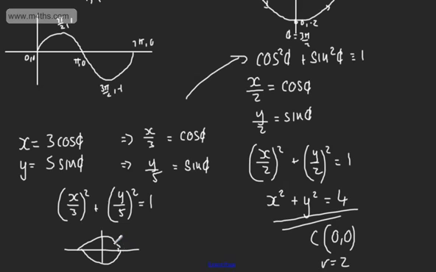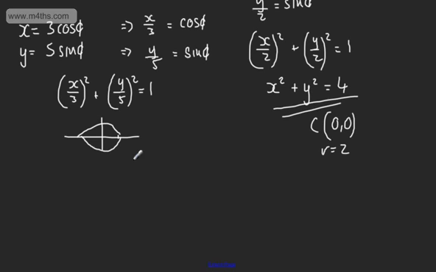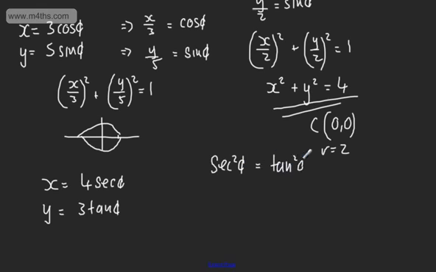If we looked at another one, for example, using yet another trig identity, we might have, for example, x is equal to 4 sec theta, and y is equal to, let's go for 3 tan theta. So I know that sec squared theta will be equal now to tan squared theta plus 1.